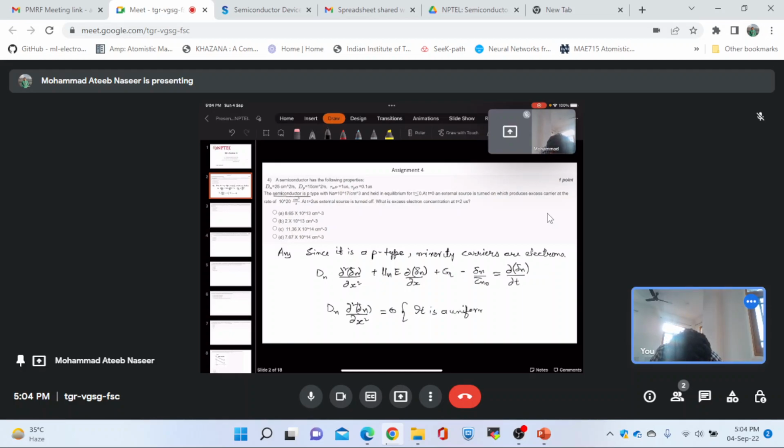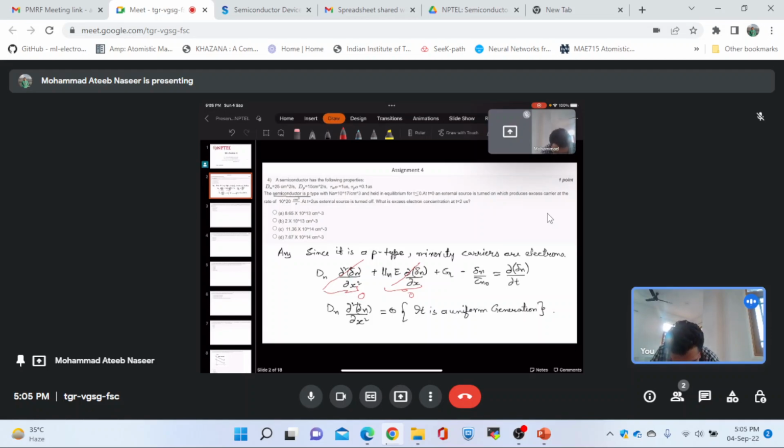So let us cancel this term out. Also, the field inside this bar of semiconductor is 0, so we can clearly say that this term should also be 0 as the field is 0.